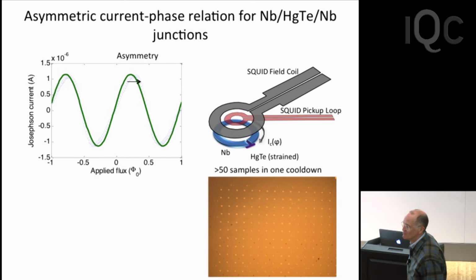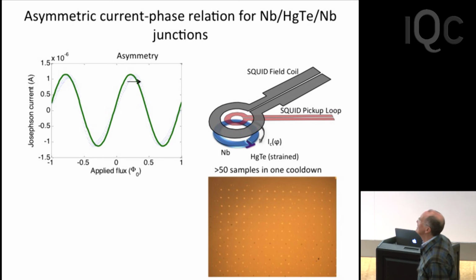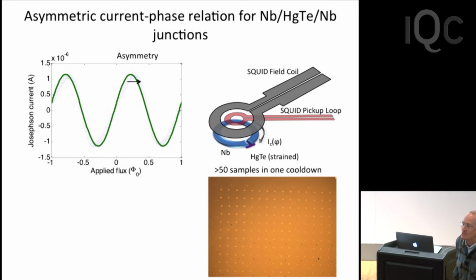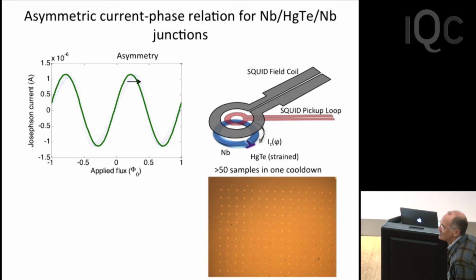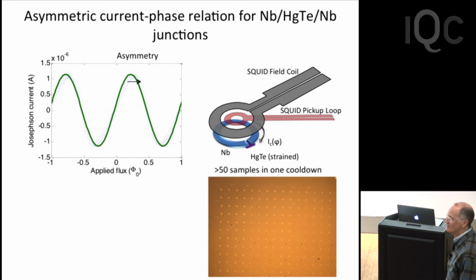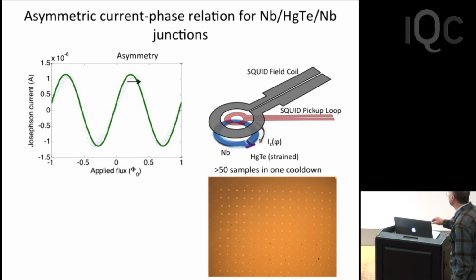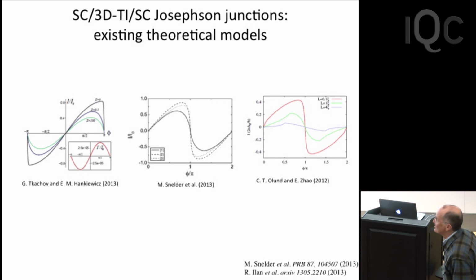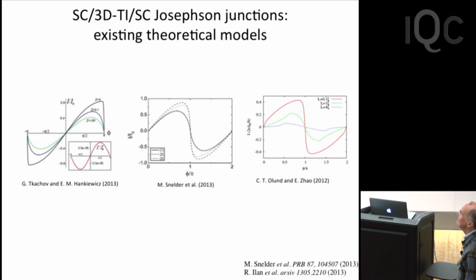Because we're using a microscope, you can not only look at one ring, but you can look at lots of rings. So they fabricated 50 rings on the same sample with different junction lengths and widths, and studied them all using the squid microscope. There have been a number of predictions for what the current phase relationship should look like for a junction between a conventional superconductor and a topological insulator.